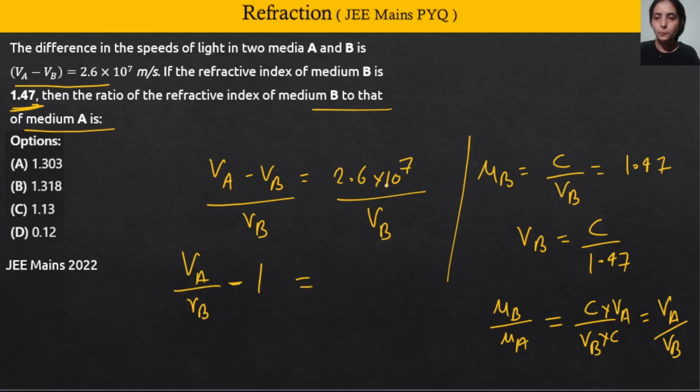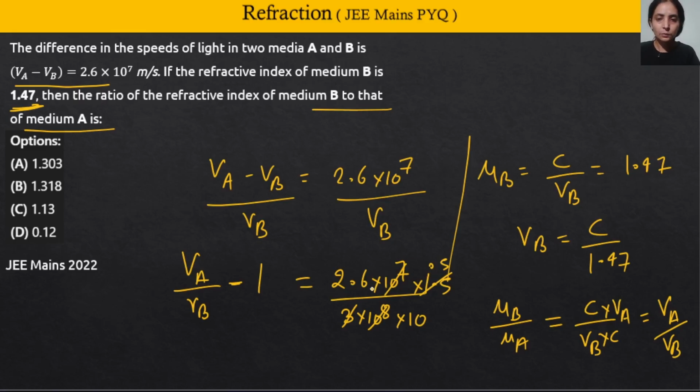So this is what we need to find out: VA by VB minus 1 is equal to 2.6 into 10 to the power 7 divided by c first of all. So c is equal to how much? 3 into 10 to the power 8 into 1.47, let me take it as 1.5. Okay, so this will become how much? 10 to the power 8, 10 to the power 7, 10 is left here, and then this will be 0.5. Okay, and 2.6 into 5 gives 13. 26 into 5 is what? 130.